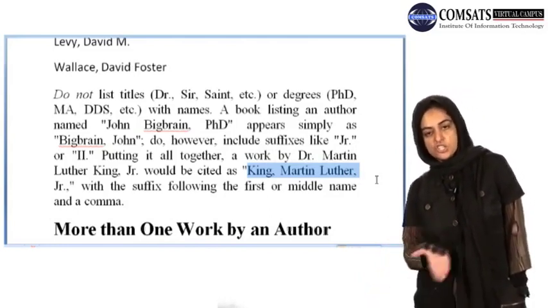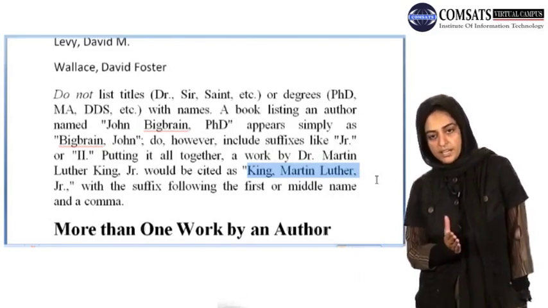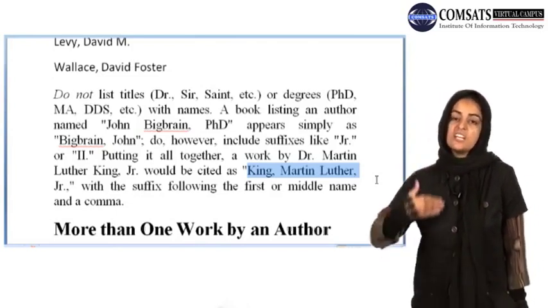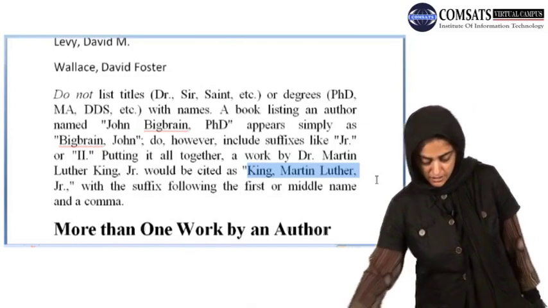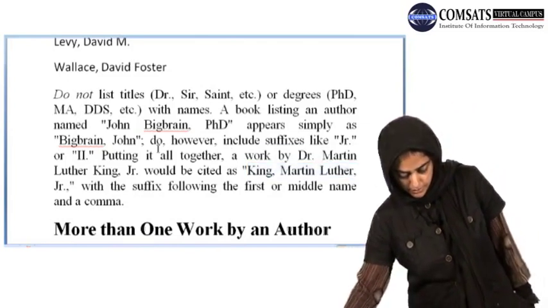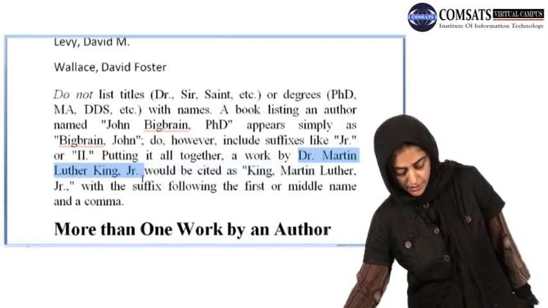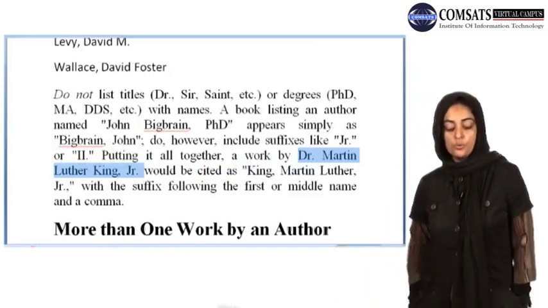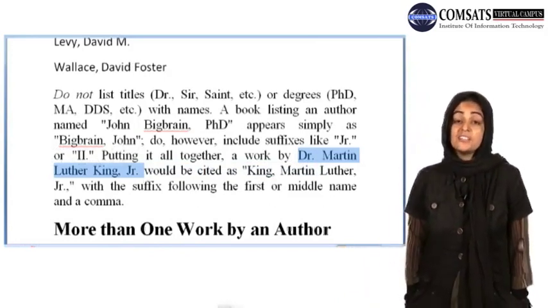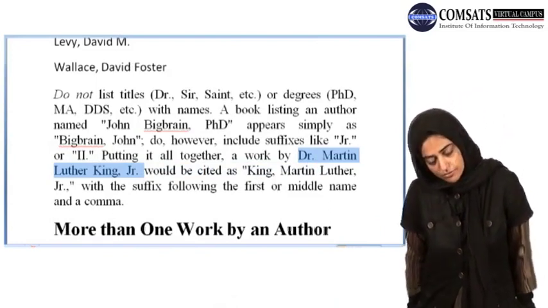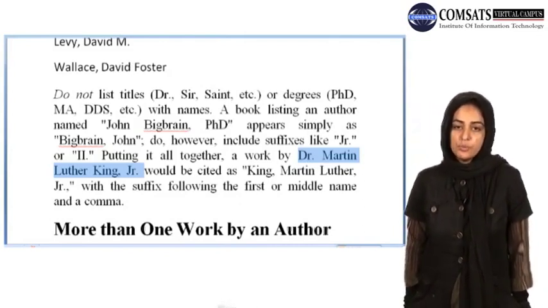But dear students, there are some generational suffixes. If you are finding those with the name, which was not afterwards added to the name but originally is the generational part of the name, for example, here again I will be picking up Dr. Martin Luther King Jr. Now Jr. is the generational suffix that was the part of the name of Mr. Martin Luther King from the very beginning.